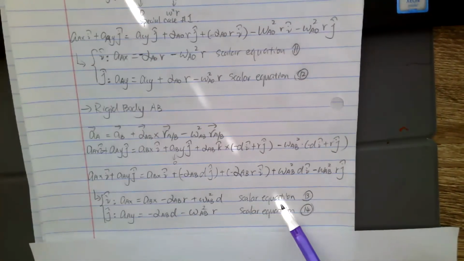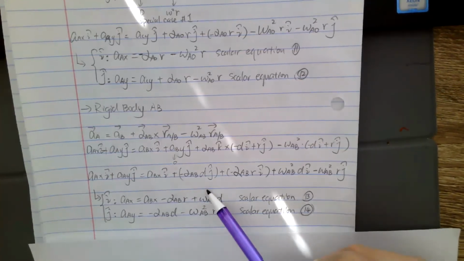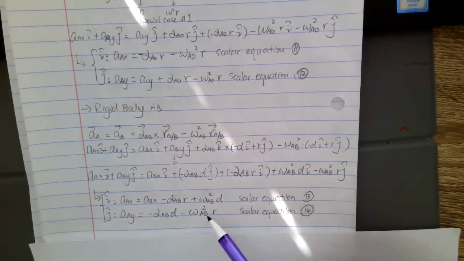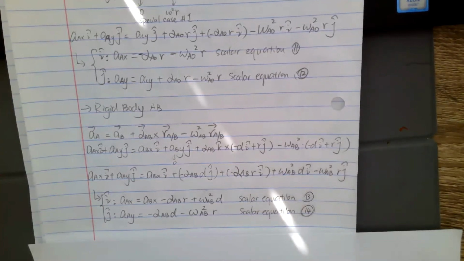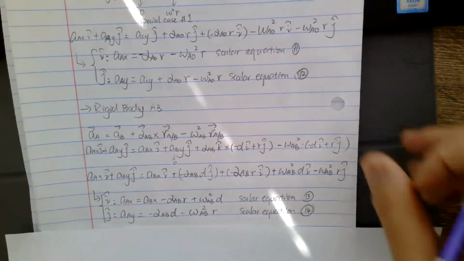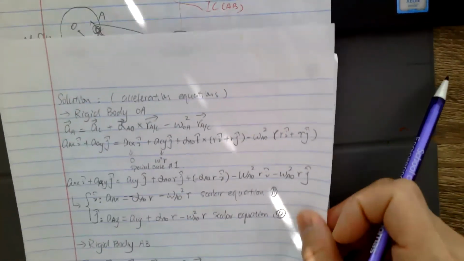This will give us 2 more scalar equations, 13 and 14. Again, those omega AB should already be solved from all the velocity equations. So that's rigid body AB.